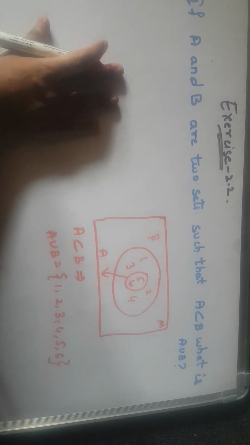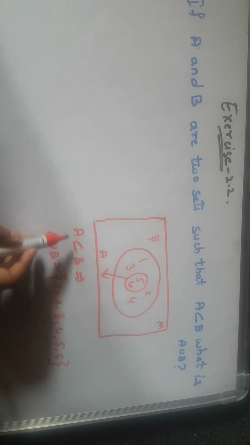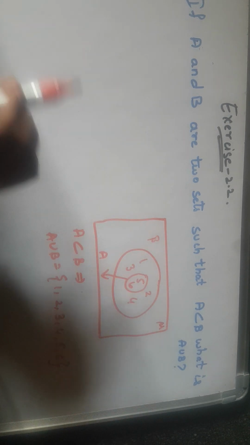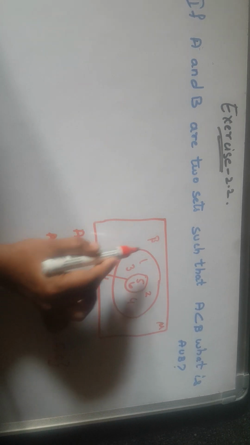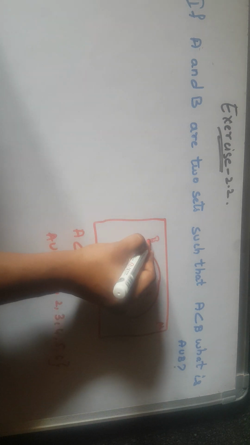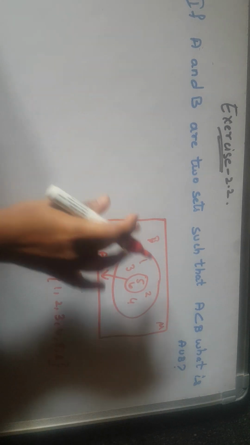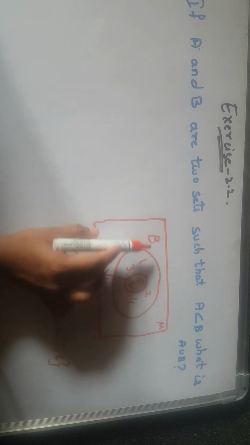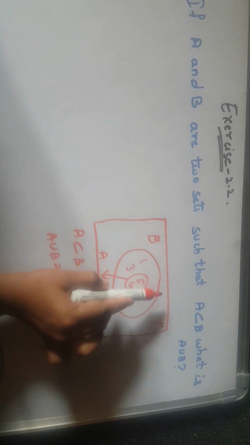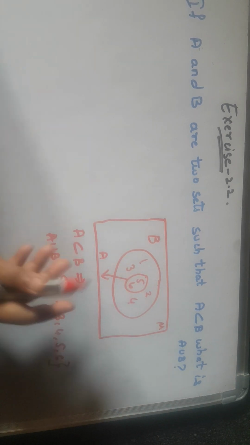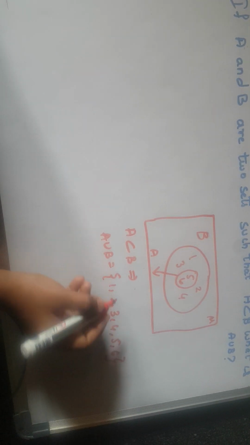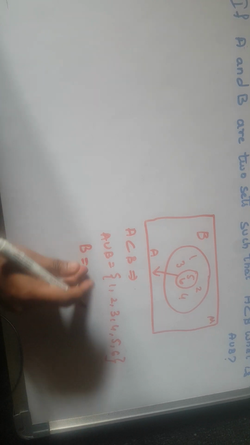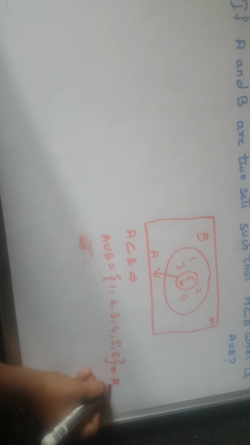By representing the diagram, A is a subset of B means A has the elements which are a subset of B, and A union B means we are taking all the elements present in A and B. Then what will the value be? All the elements present, it also equals B.